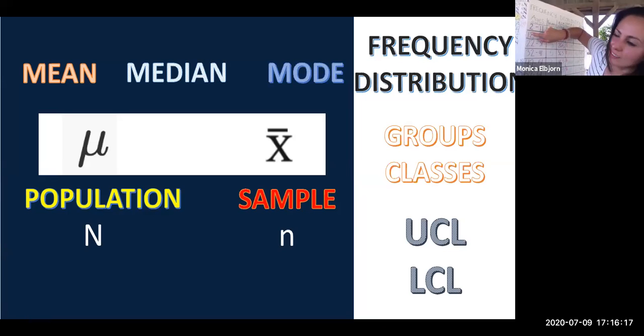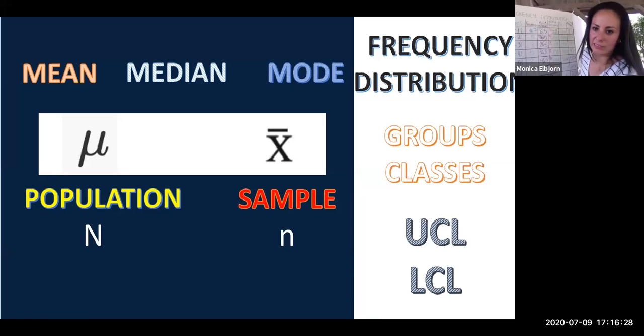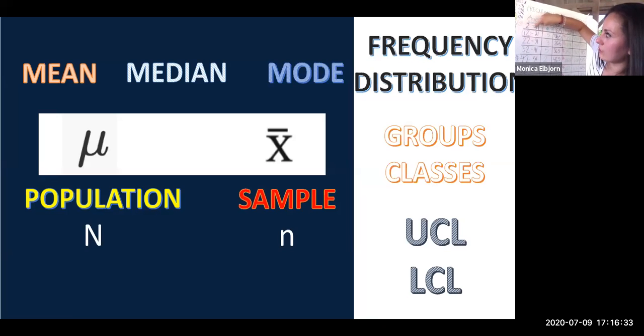So that's 10, yes. Our class width in this case was 10. The difference between the class limits, or the difference between the midpoints, that was our class width. And this is our first class, second class.